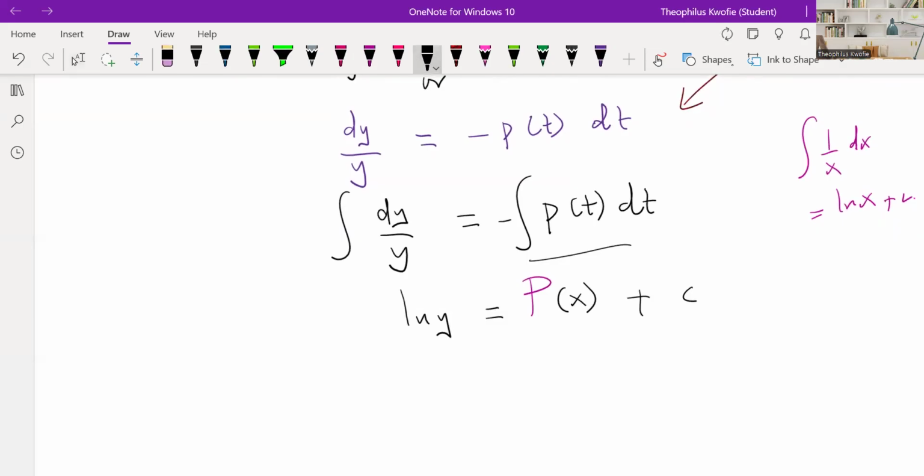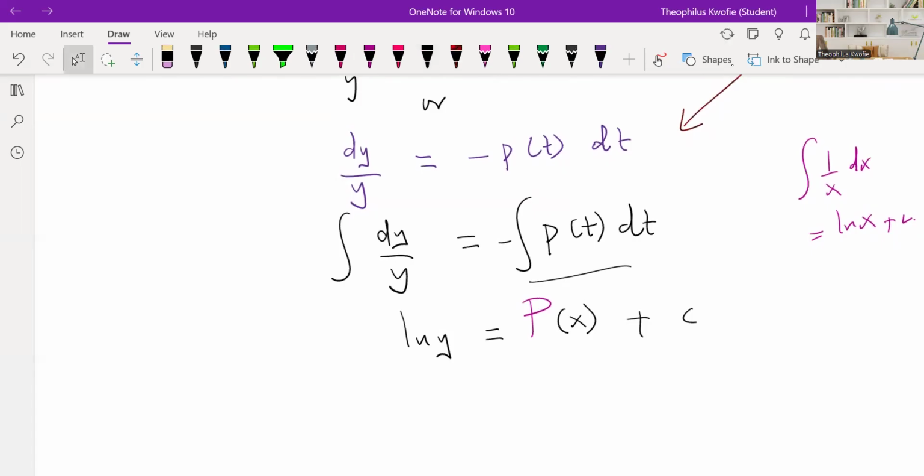Good. Now, having this, we want to find y and not the natural log of y. So what do we do? There's a relationship that exists between the natural log and the exponential function.